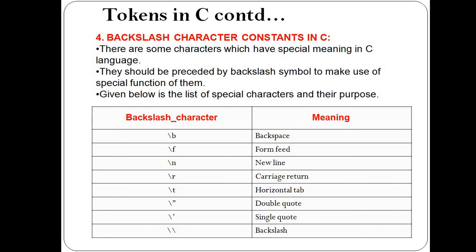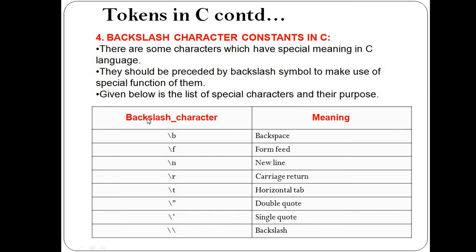That's why they are considered character constants in C, because they are considered symbols. They are not used for writing keywords, just statements, so they must be preceded by a special symbol. That's why they are called backslash character constants.